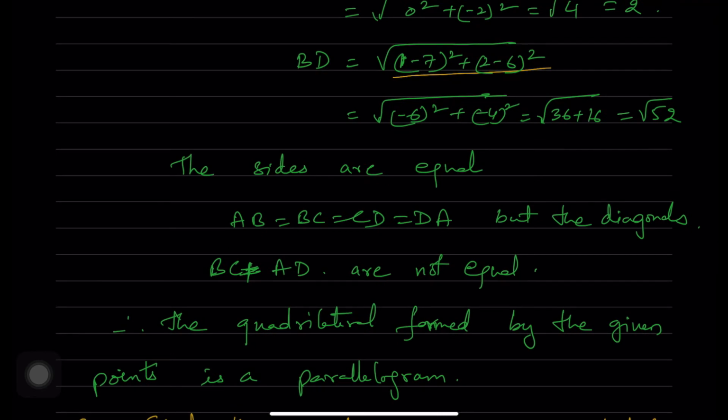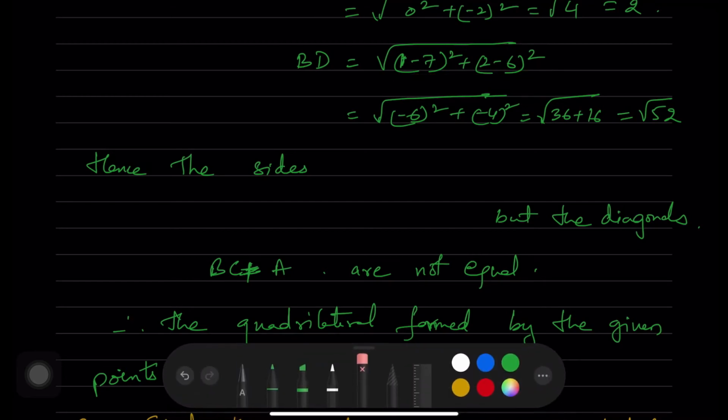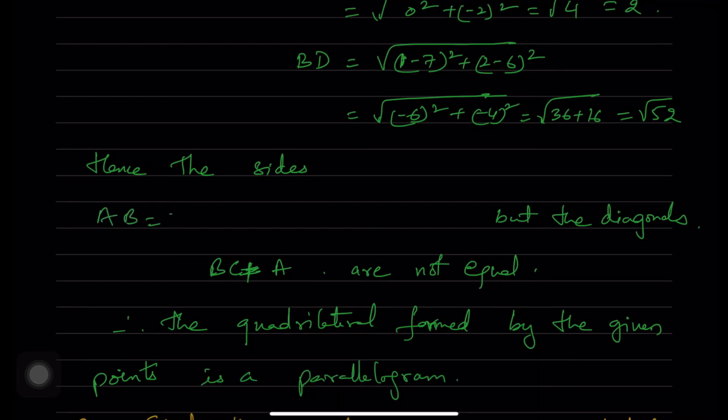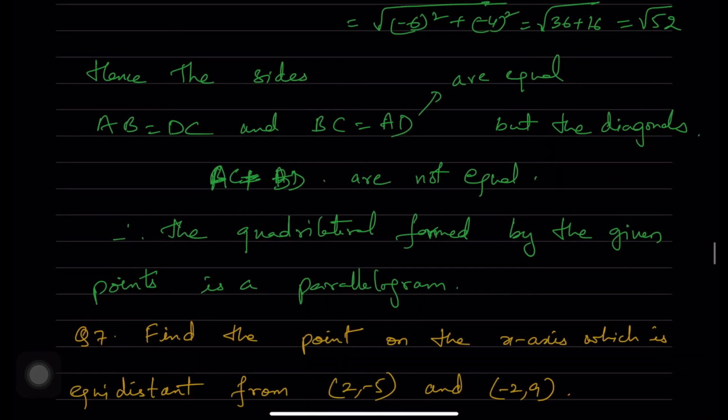Hence the side AB is equal to DC and BC is equal to AD, but the diagonals AC is not equal to BD. Therefore, the quadrilateral formed by the given points is a parallelogram.